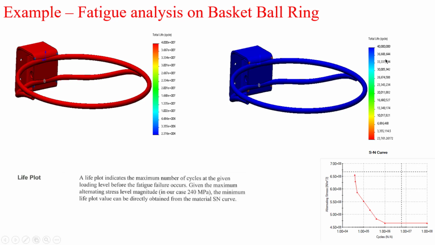If you could reach 10 lakh or 70 lakh, that would be fine, but 23,761 is not good for this component. Whatever the loading is, according to that you can change the model so that you can improve the stress concentration regions where the failure cycle is only 23,761.